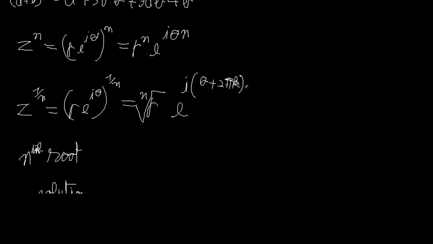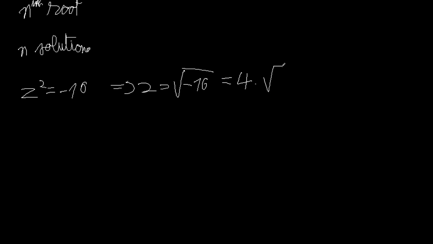So (theta plus 2 pi k) divided by n, and n is from the power, and k is just any whole number, so -1, 2, these are all just numbers. And with this formula, you'll find all the roots.